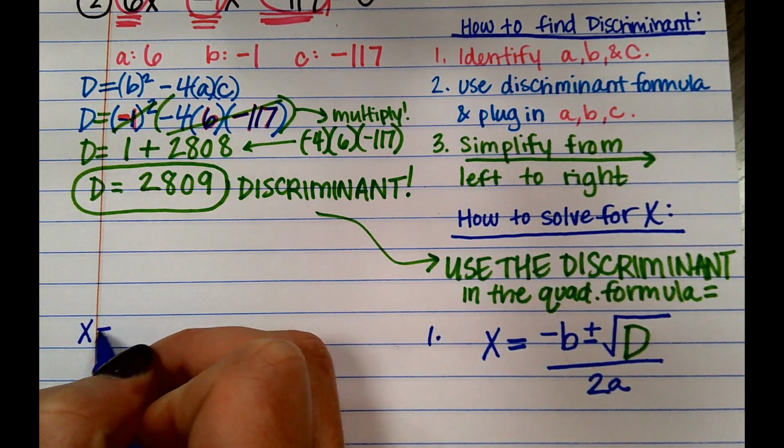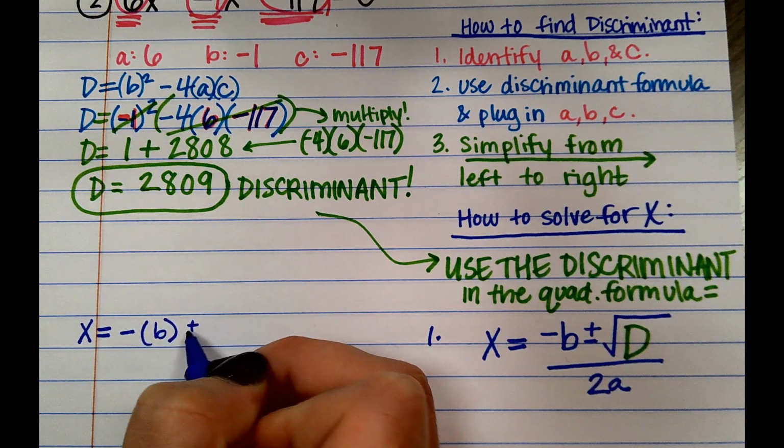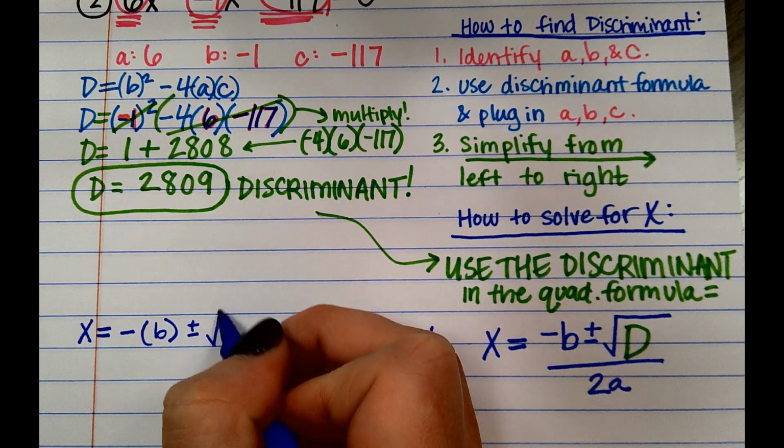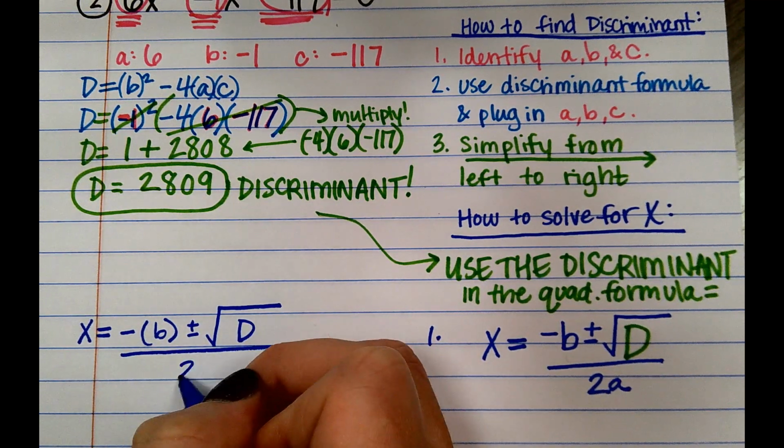X equals negative b plus or minus the square root of the discriminant all over 2 times a.